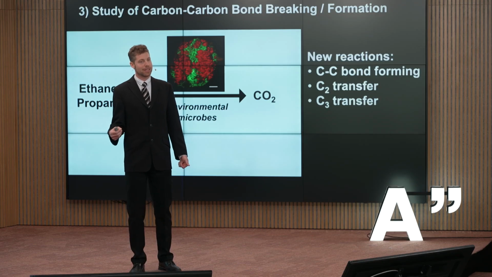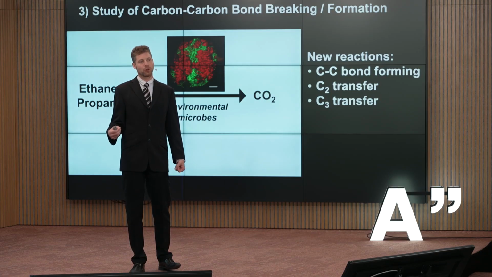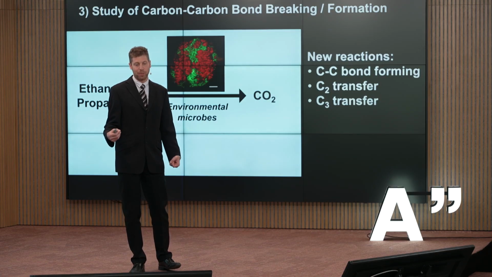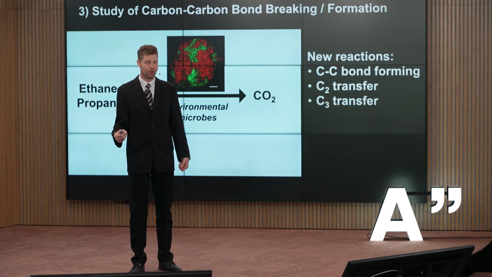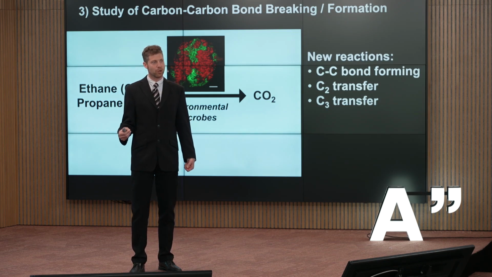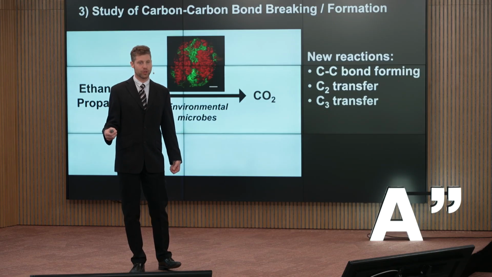Because these metabolisms are reversible, we want to learn how nature is breaking carbon-carbon bonds and then use the same reactions to form carbon-carbon bonds. These microbes also contain interesting enzymes that can transfer C2 and C3 units.